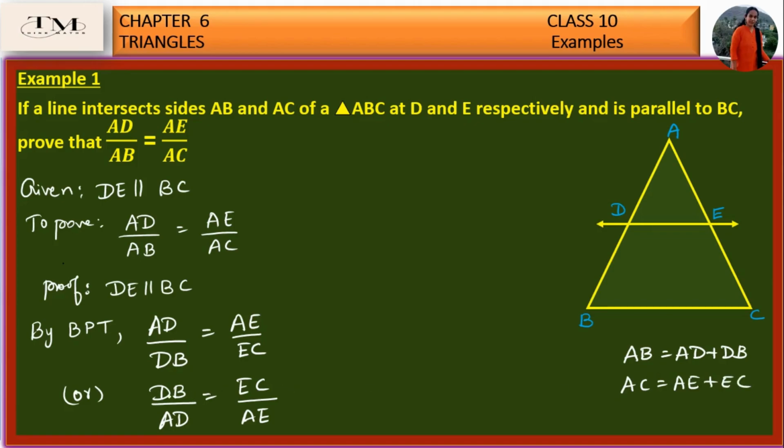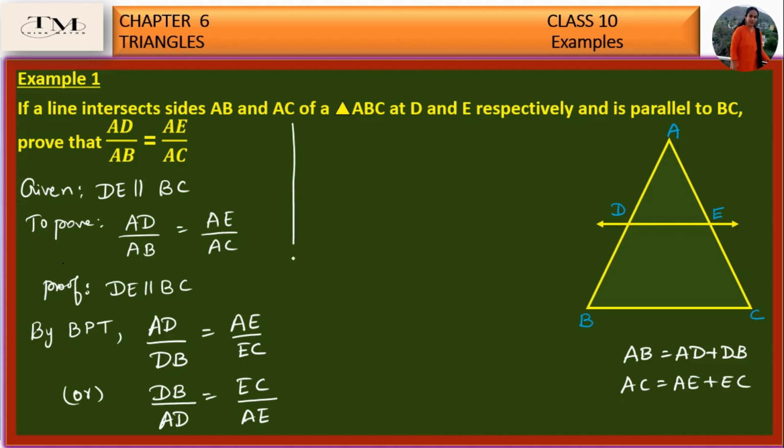So, if we have DB in the numerator and add 1 on both sides, taking the LCM, we will get DB plus AD. We cannot add in the denominator, only in the numerator. So we get DB plus AD, which is AB. In the same way, on the other side, if you add 1, it will be EC plus AE, which becomes AC. So you will get AB and AC.